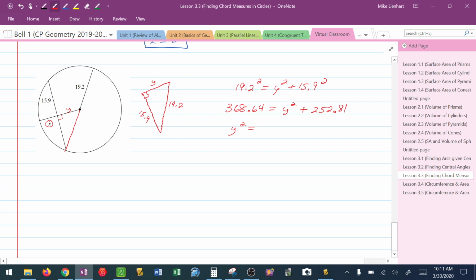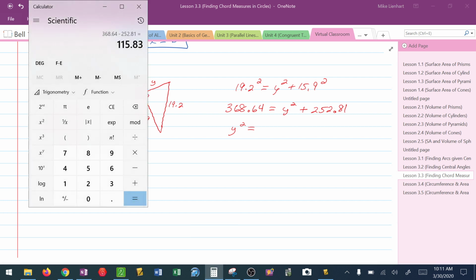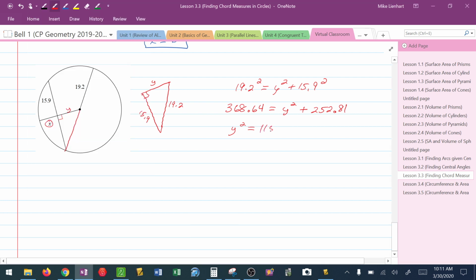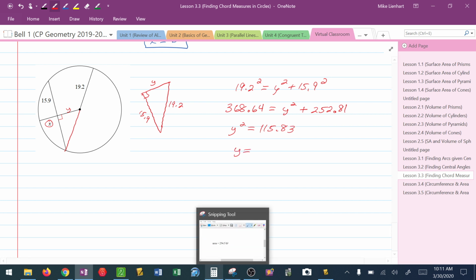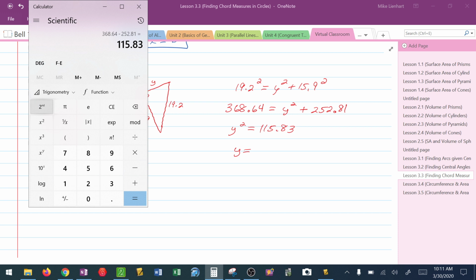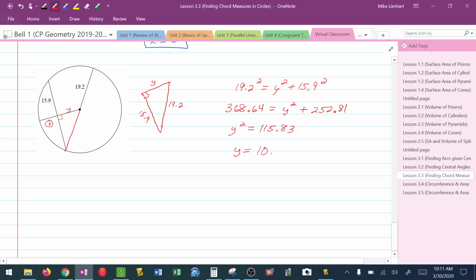Y squared is 115.83. And when I take the square root of that, I'm going to round it to the nearest tenth. And I get that it's approximately 10.8. All right. Now, back over here, I know that if I take x plus y, that creates a radius.